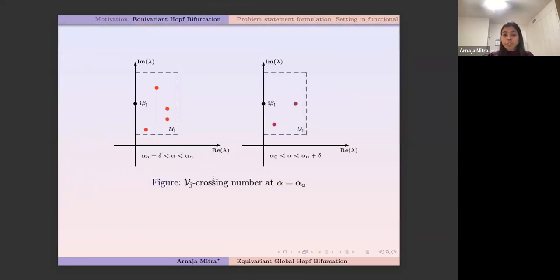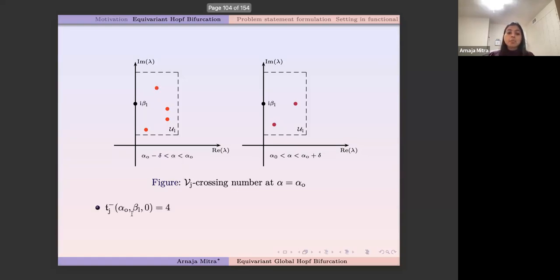So here is a picture. This is the left-hand side of alpha naught, and this is the right-hand side. Think about alpha when it is on the left-hand side of alpha naught, and you consider a small neighborhood U L around i beta L, because i beta L is the characteristic value when alpha is alpha naught. For that, you have algebraic multiplicity 4, that is, a total of 4 eigenvalues.